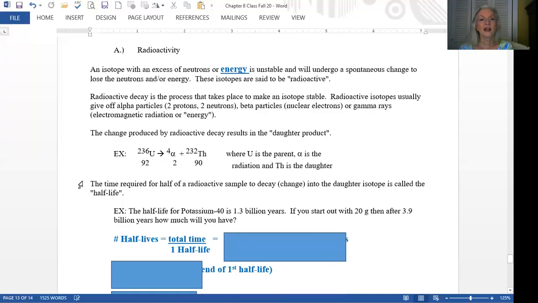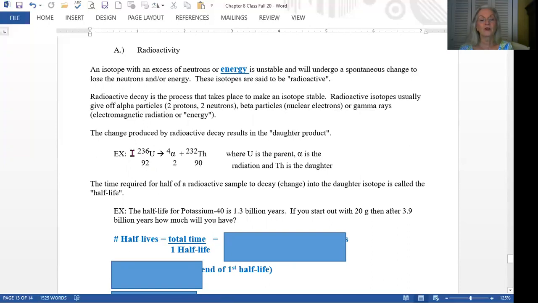So as an example, if I had uranium, that's what the U stands for, 236, that's the isotope, uranium-236, and it gave off an alpha particle. That's what this funny little symbol is, a lowercase alpha. It would turn into thorium-232. So Th is the abbreviation for thorium.